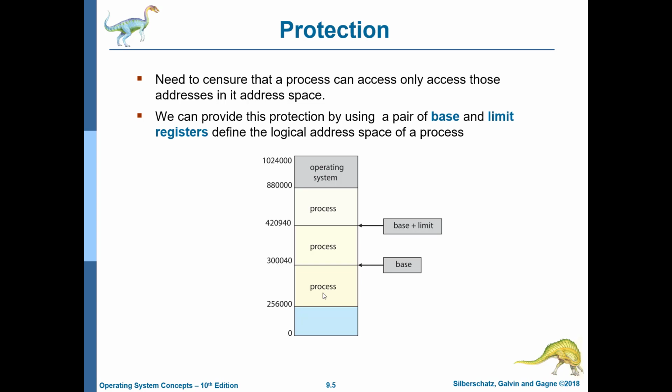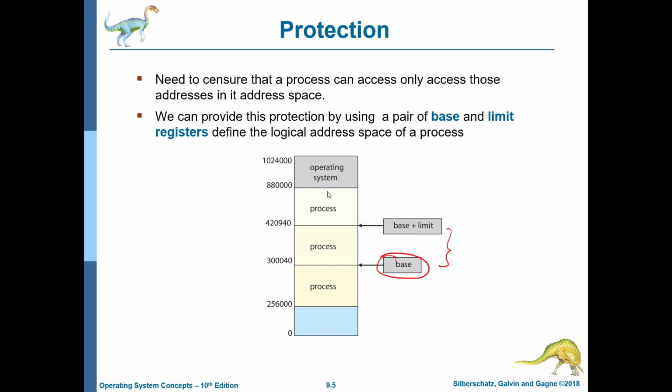So one of these methods is that we contiguously allocate the memory of a process. We know how much memory it is going to use. We provide it a base address. So let's say the address is 10, the real address is base plus 10. And we constrain the process to only access the addresses between base and base plus limit.